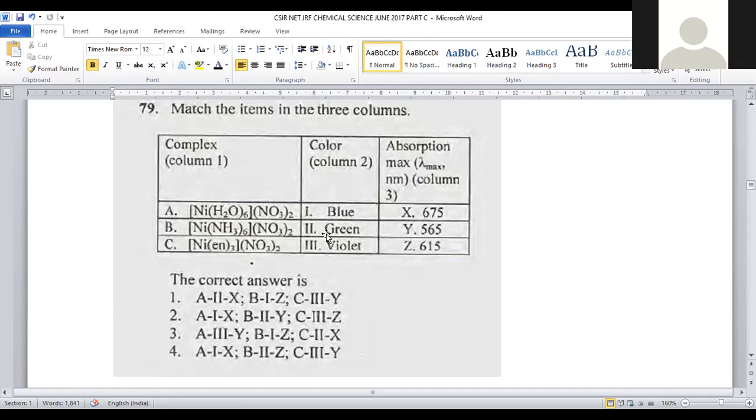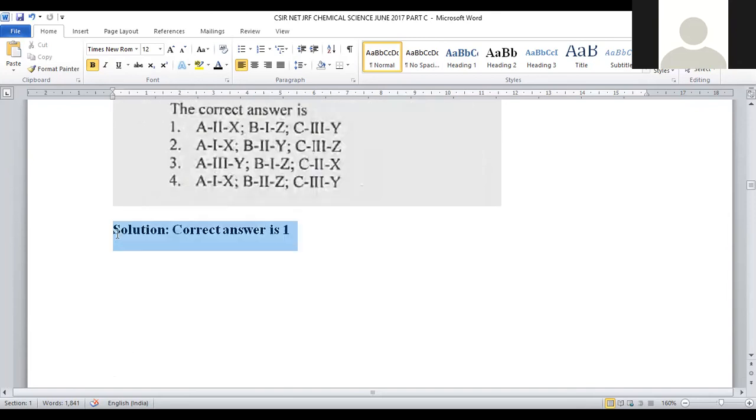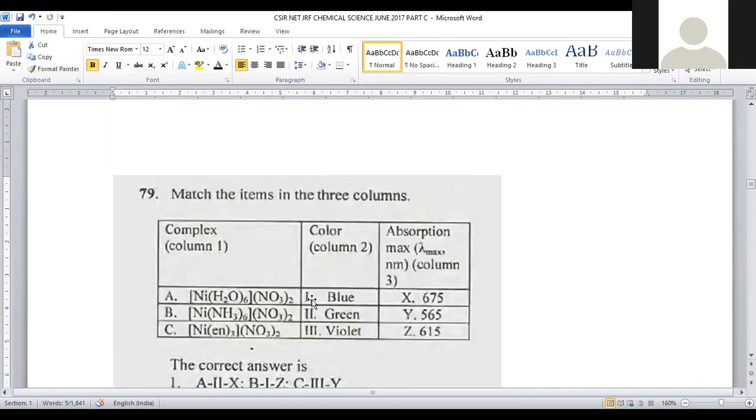So nickel ethylene diamine 565, C with Y, Y with 3. So option number 1 is satisfying all these statements. For question number 79, option number 1 will be the right answer.